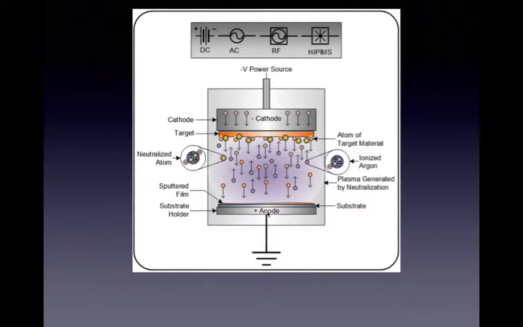It's the same process where electrons travel through the anode into the plasma, and then in the vacuum, they interact with the neutral atoms to become ionized argons, and then the ionized argons are attracted to the negatively charged target area, and then release atoms of target material, and then the atoms of target material travel through the vacuum onto the substrate, forming a thin film.